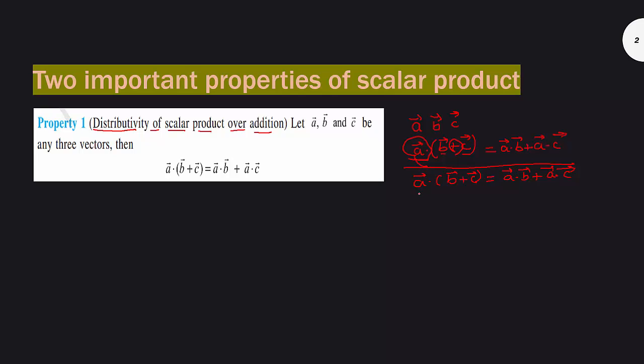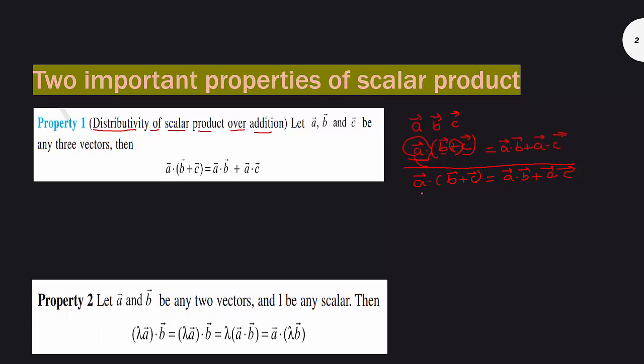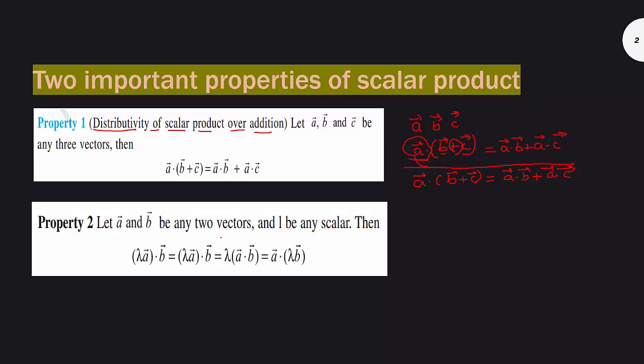So next let us see what is the next property. The next property is, let A and B be two vectors and let lambda be any scalar.